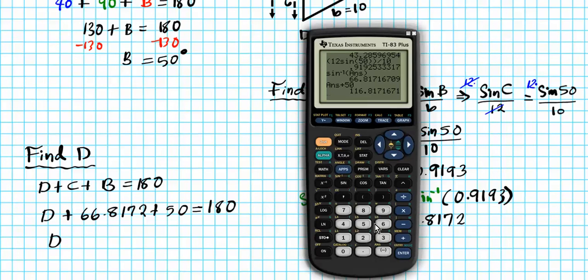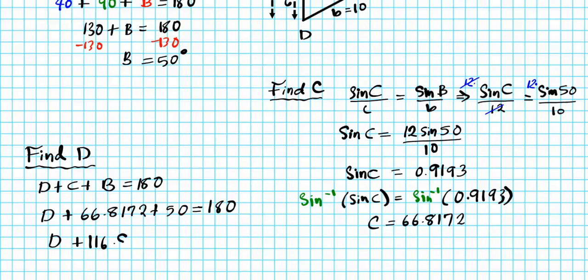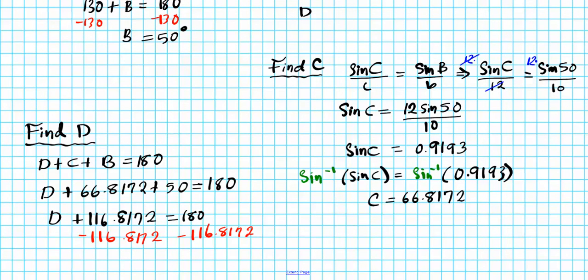So let me write it down first. 116.8172 equals 180, and then when I subtract that from both sides, that will give me the measure of angle D. Okay, so big D equals, let's carry out the subtraction.